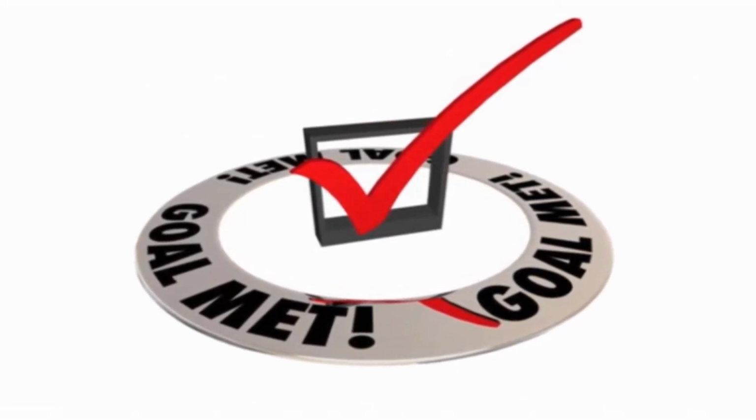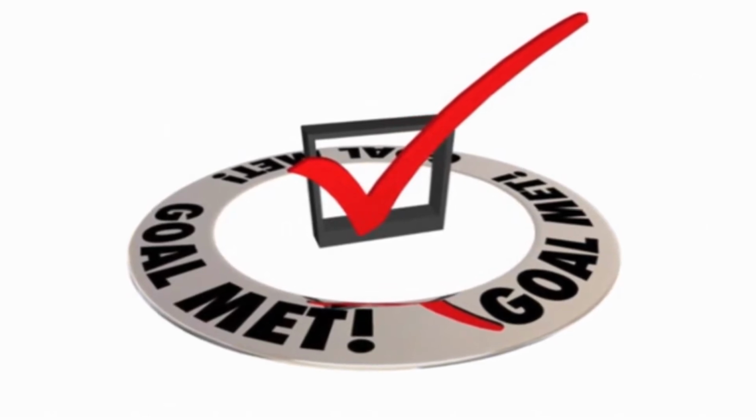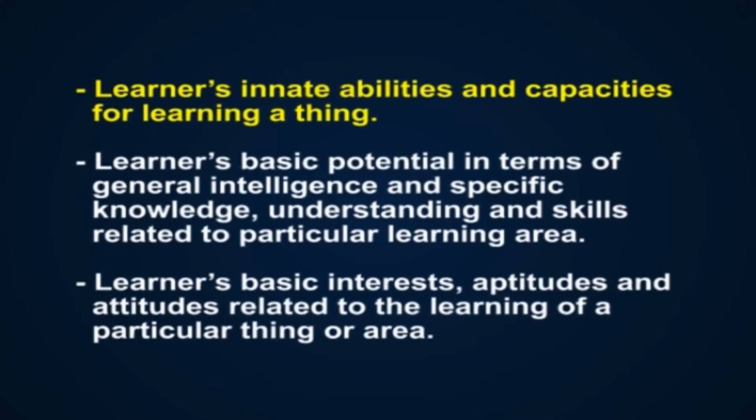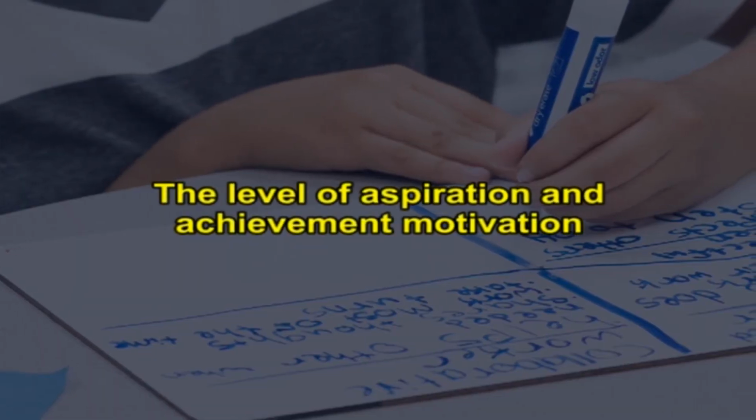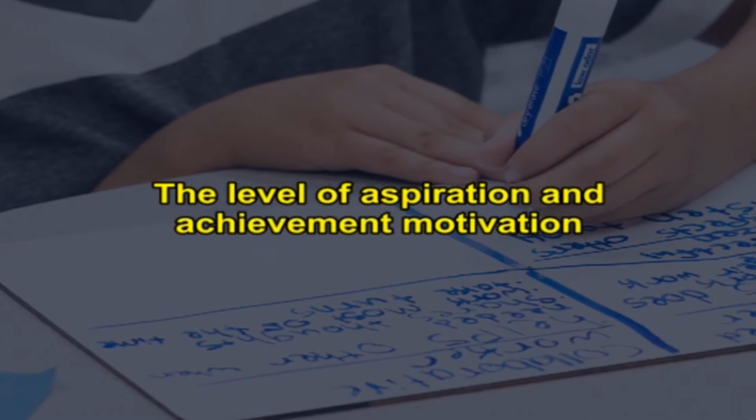Such potential may consist of the following things: learner's innate abilities and capacities for learning a thing, learner's basic potential in terms of general intelligence and specific knowledge, understanding and skills related to a particular learning area, learner's basic interests, aptitudes and attitudes related to the learning of a particular thing or area. The next personal factor is the level of aspiration and achievement motivation.